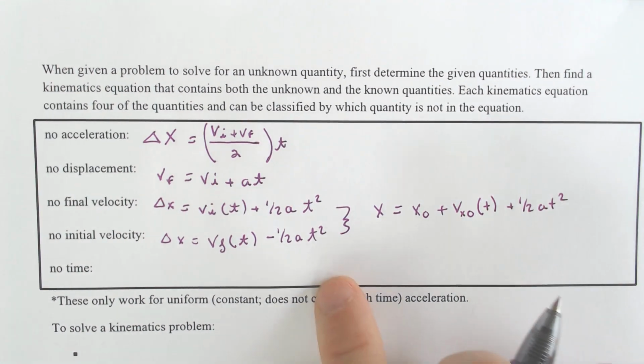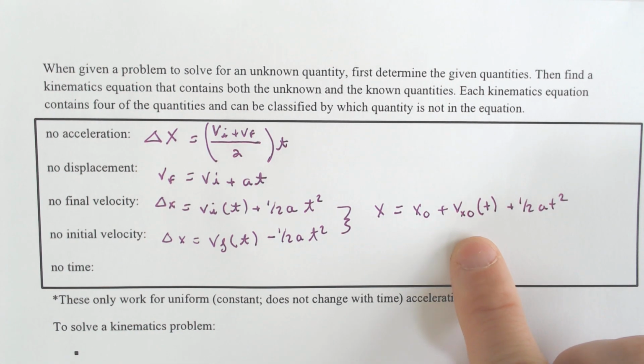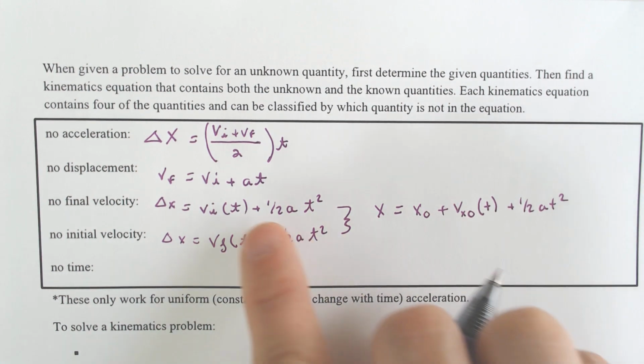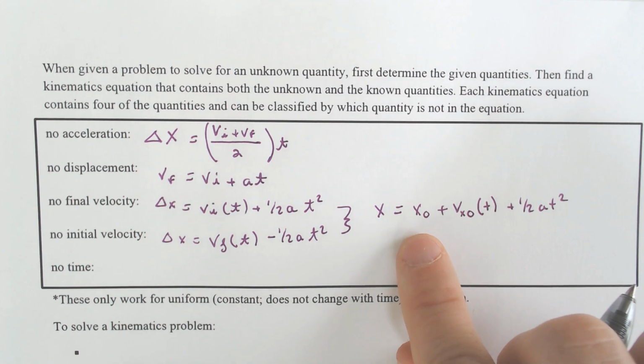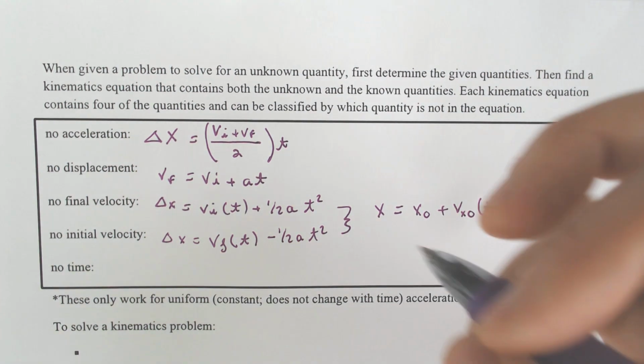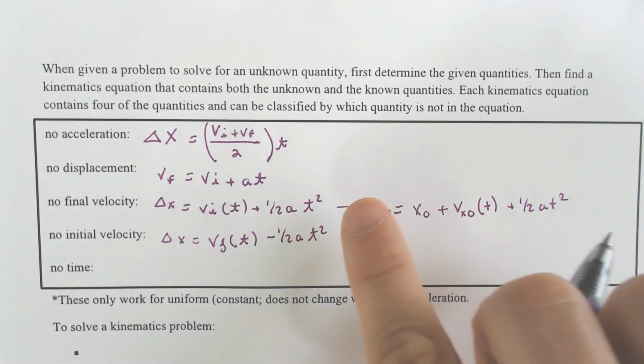Now, the main difference here is Vx0 stands for initial velocity. So Vx0 means Vi. It just takes a little bit longer to write. X0 is standing for your initial position, and x would represent your final position, but you don't need the f there. Now, what is delta x?